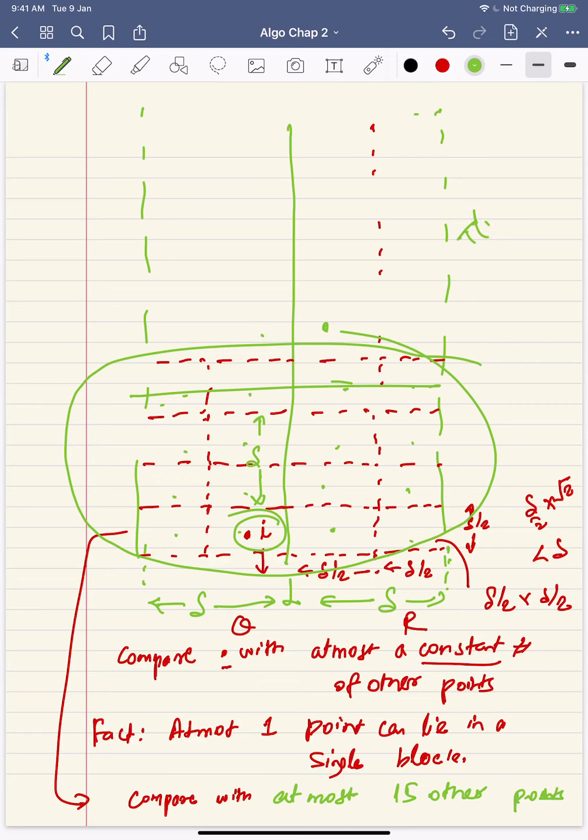Then T(n) equals 2T(n/2) plus order n. This will be maybe 15n or 20n if I am doing some other work, and this together will give me again order n log n, like the merge sort case. So this closest pair of points you can do in order n log n time.